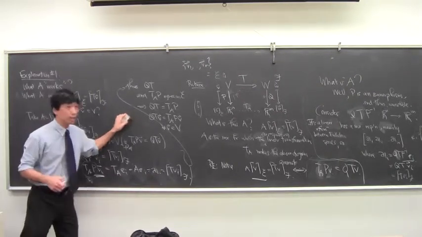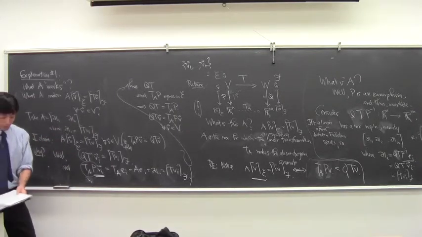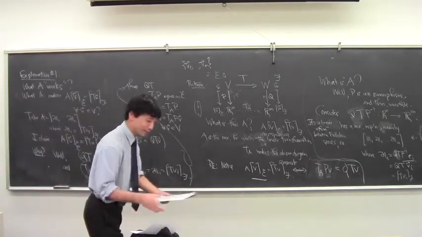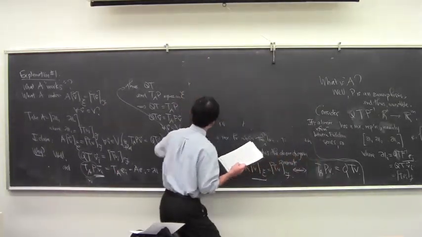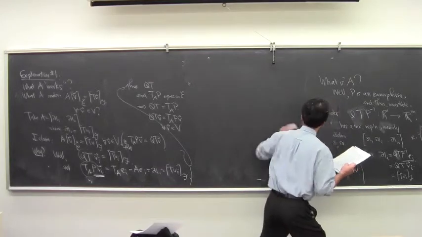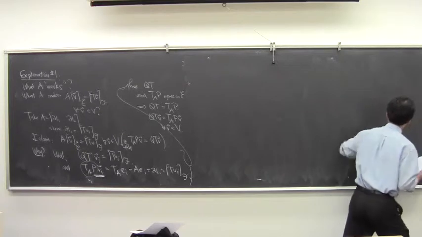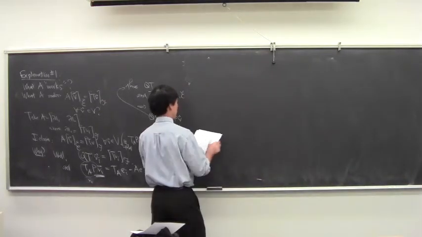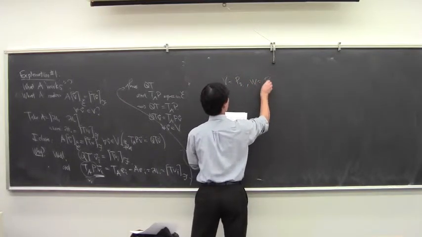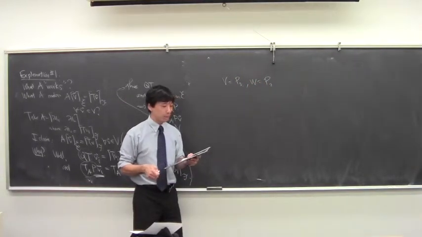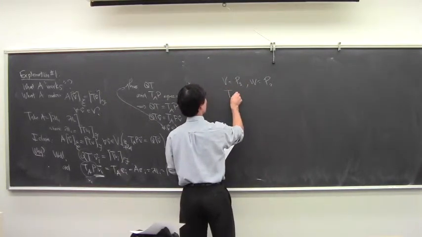Okay. So that's it. This is how you get the matrix representation. Let me try to make this concrete for you guys. Suppose that V is P3 and W is P2, polynomials of degree less than 3, polynomials of degree less than 2, and T is differentiation.